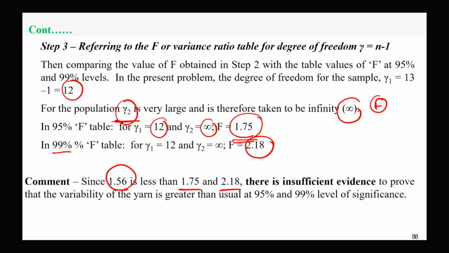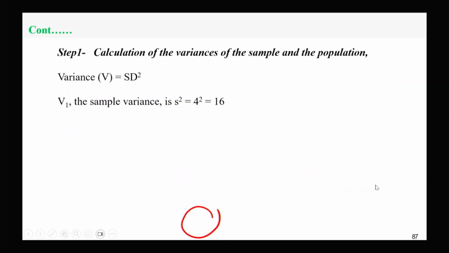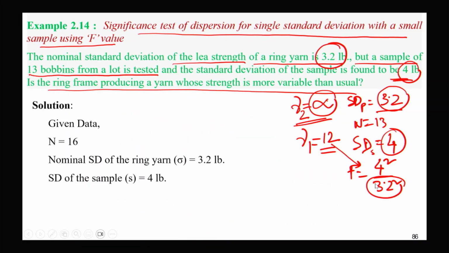So we can conclude that there is insignificant evidence to prove that variability of the yarn is greater than usual at both these levels, 95 and 99%. So in this situation, the variabilities are not significant. Okay, so 3.2 and 4.